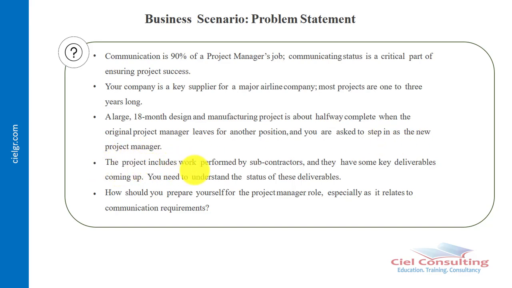The project includes work performed by subcontractors and they have some key deliverables coming up. You need to understand the status of these deliverables. How should you prepare yourself for the project manager role, especially as it relates to communication requirements? So let's see what you can actually make out of this problem statement.